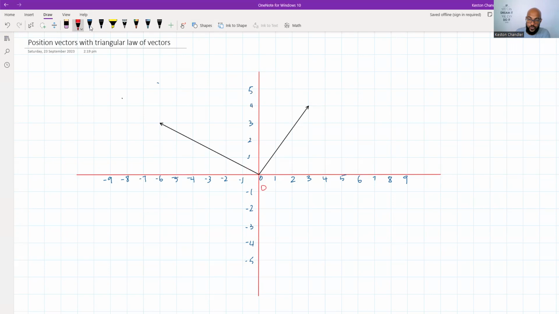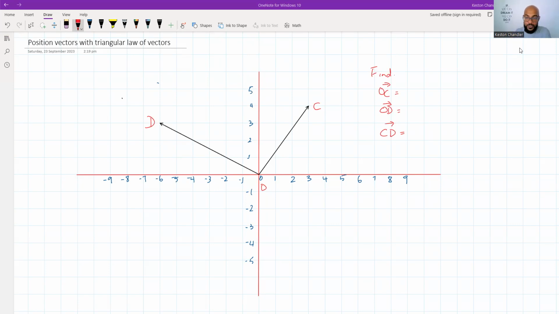Well, we know this is O. We call this C, and this is D. So find OC for me, find OD, and then find CD for me. Right? So OC and OD are position vectors. CD is where we're using our triangular law of vectors to work out.